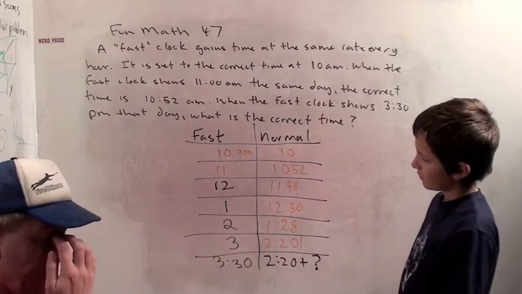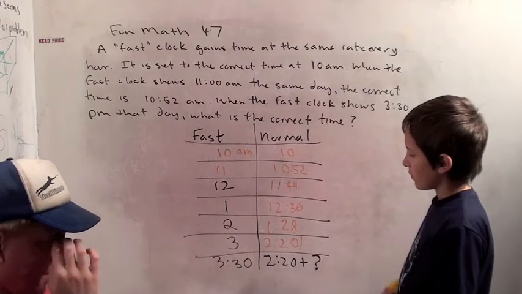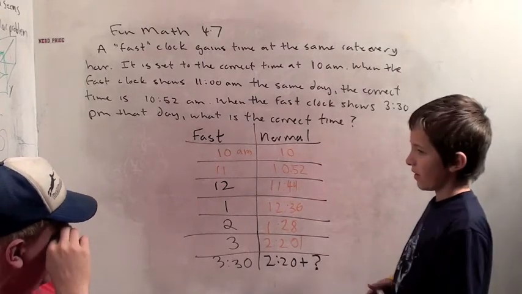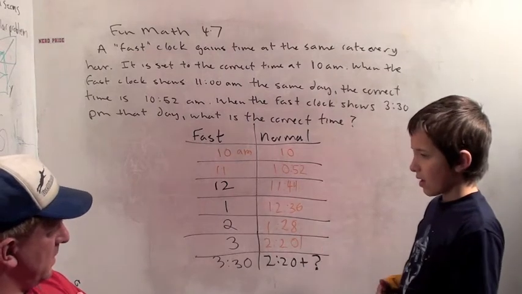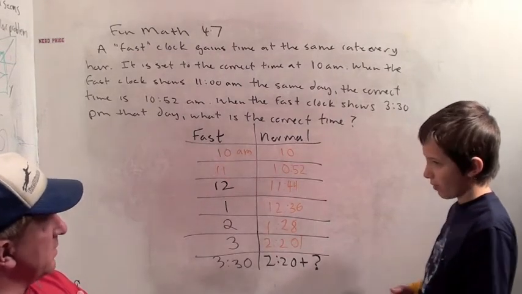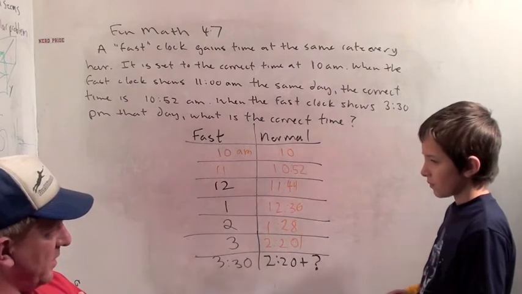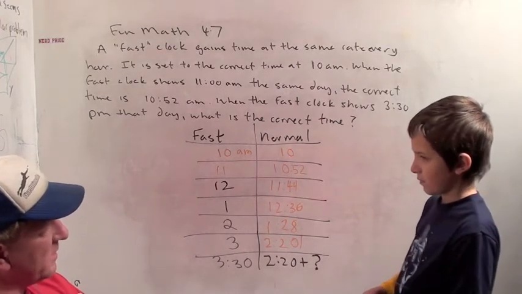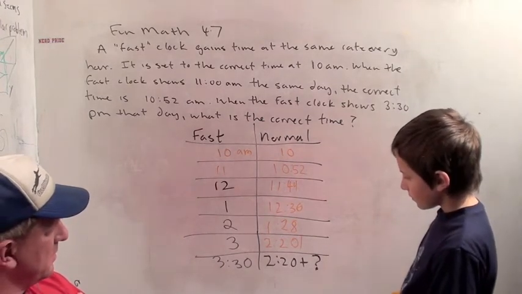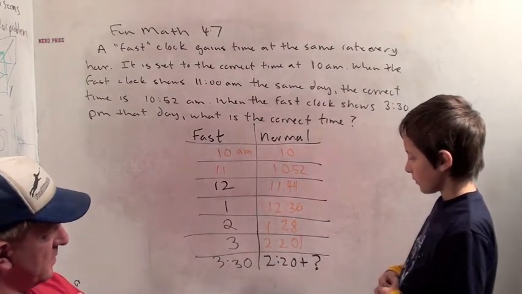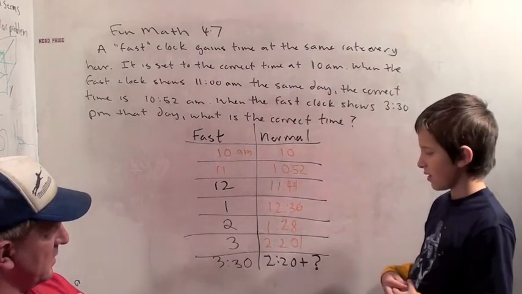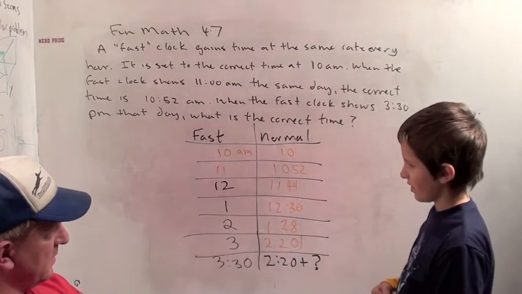How are you going to figure that out? You gain 8 minutes every hour, so you gain 4 minutes every half hour. So what does that mean? No, that's not it.